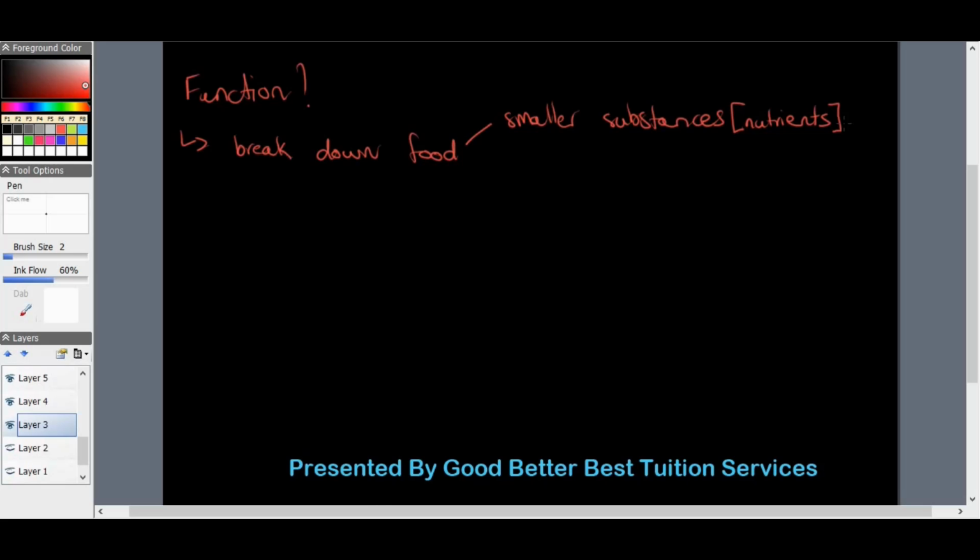Nutrients can also dissolve in water. So the function of a digestive system is to break our food down into smaller substances, which is called nutrients, that can be dissolved in water. Only when they are dissolved in water can the food be absorbed by the blood. So once these nutrients are dissolved in water, only then can they be absorbed by the blood.